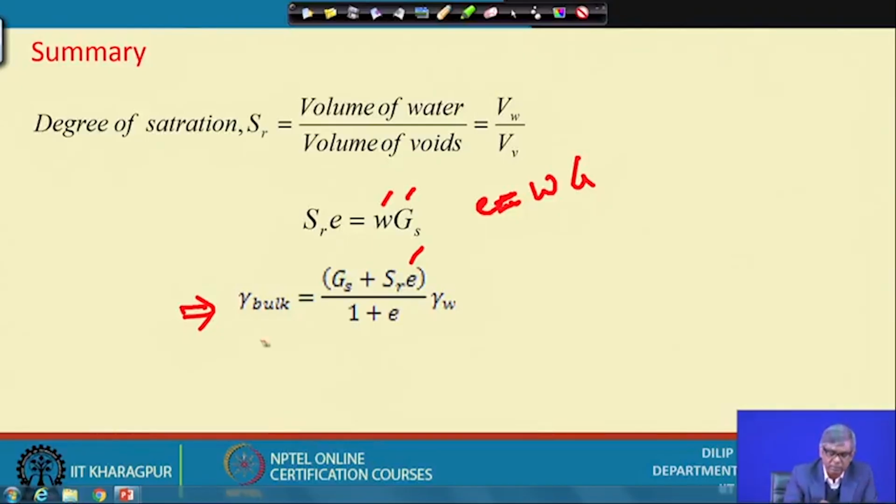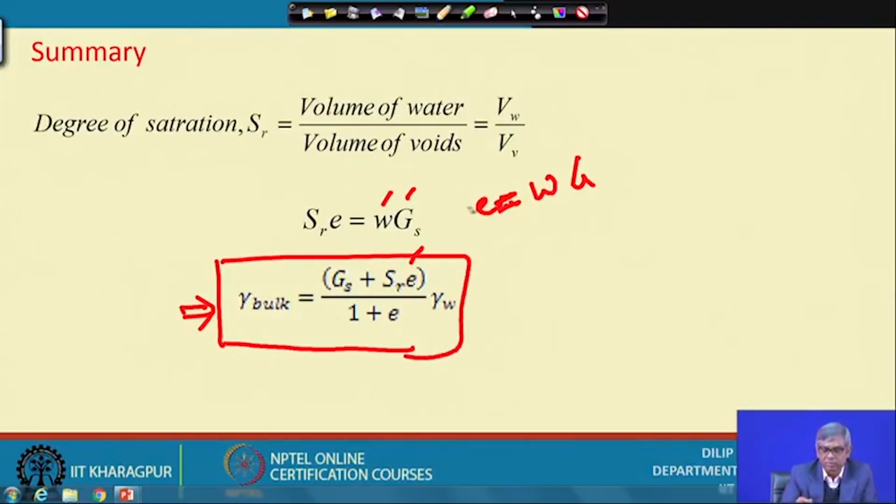If I remember this one properly and correctly, then by suitably changing those parameters I can get the dry, saturated and all other unit weights. So, this is at least one thing to be remembered correctly, so that by substituting appropriate values I can get the other ones. This is very important, because from the beginning to the end of soil mechanics, in any topic there may be some unit weight calculation, and if you do not remember this, then you will not be able to proceed.